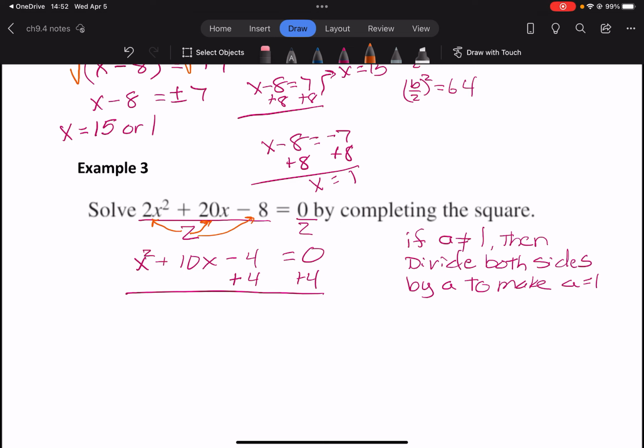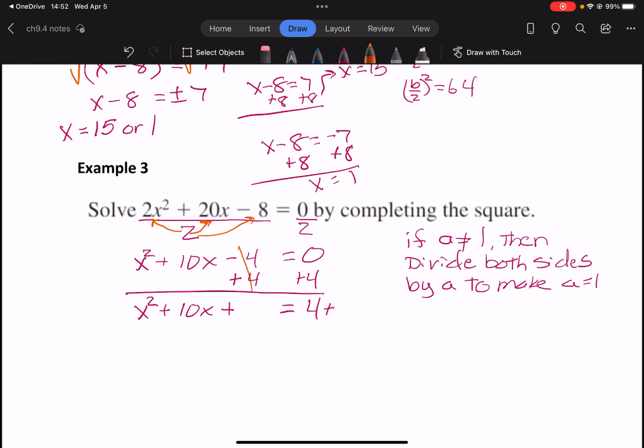Because I know I told you we want it equal to 0, but in this case, when we're completing the square, we want the x squared and x by themselves, and then we're going to play with it from there. So my 4's cancel out on the left, so I'm left with x squared plus 10x. I'm going to put a plus here as a placeholder, equals 0 plus 4, which is 4, and I'm also going to add a placeholder there.